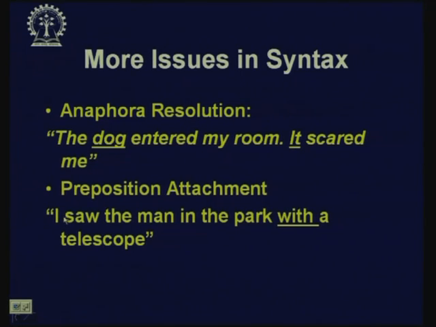That is also possible. But probably I saw the man with a telescope, the man in the park. So, I used a telescope to see the man, or the other possibility is I saw the man who was carrying a telescope. So, you see there is a lot of scope for ambiguities here.